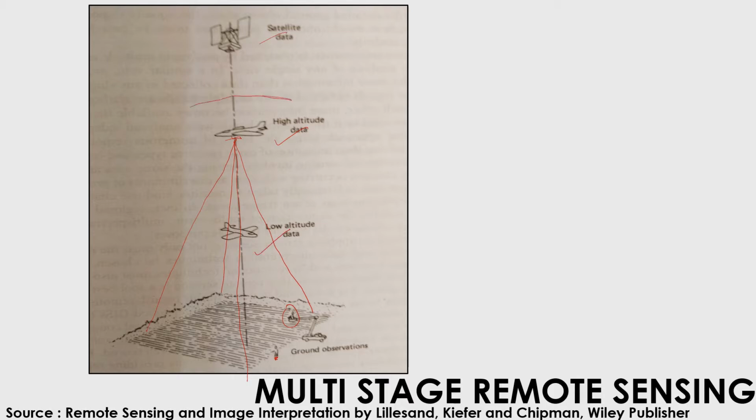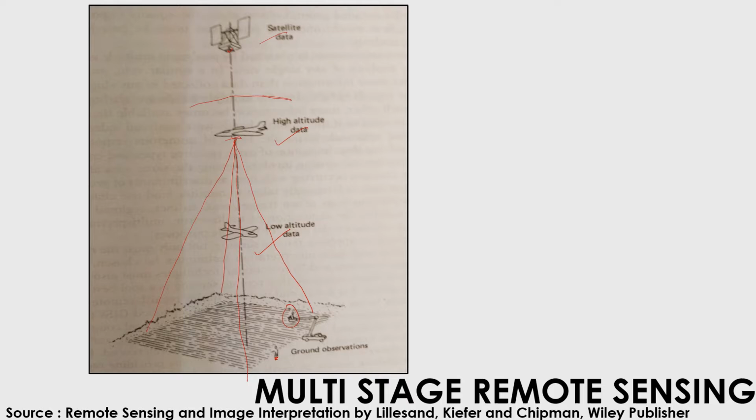This is under the Earth's atmosphere, but satellites roam or rotate in outer space. So when satellites use their cameras to capture images above the Earth's surface, it is satellite-based remote sensing. So this is the basic difference between various stages of remote sensing.